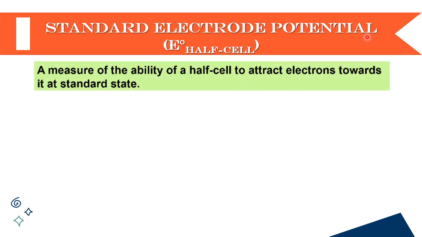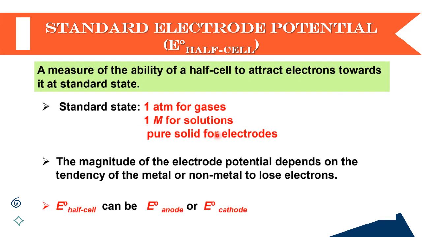If we have standard electrode potential, meaning it is at standard state. This one has actually already been discussed in the previous video, so this is just a refreshment for you guys.